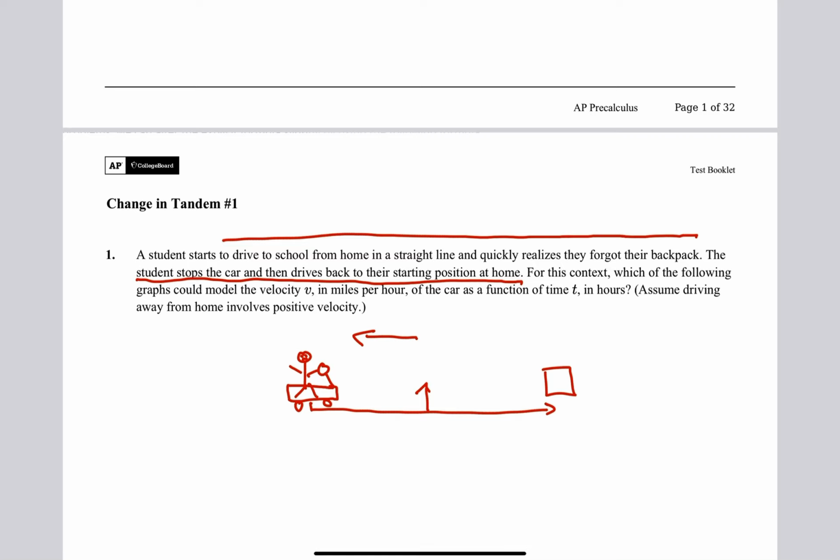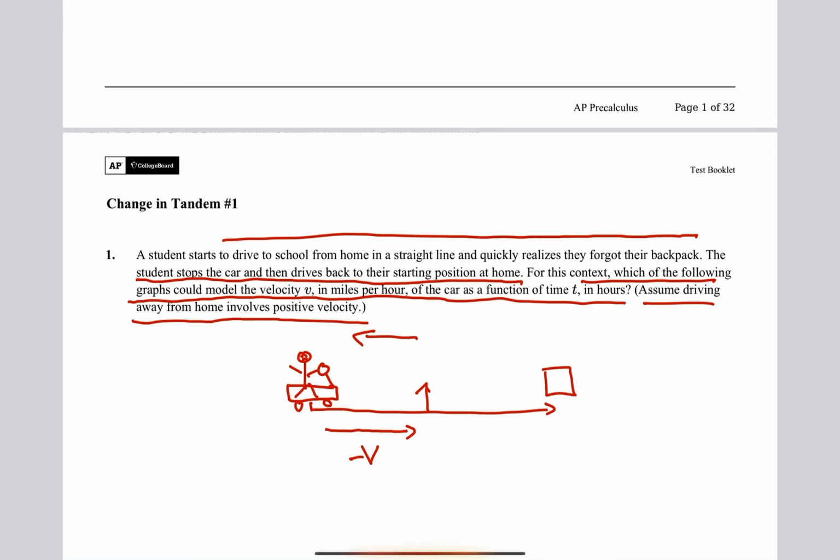And what else? For this context, which of the following graphs could model the velocity v in miles per hour of the car as a function of time t in hours? Assume driving away from home involves positive velocity. So what is going on exactly? We have the student that is driving away from home, which is positive velocity.